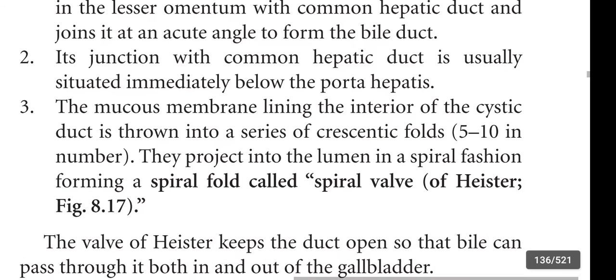Next point is the mucous membrane lining the interior of the cystic duct. The mucous membrane lining the interior of the cystic duct is thrown into a series of crescentic folds, 5 to 10 in number.